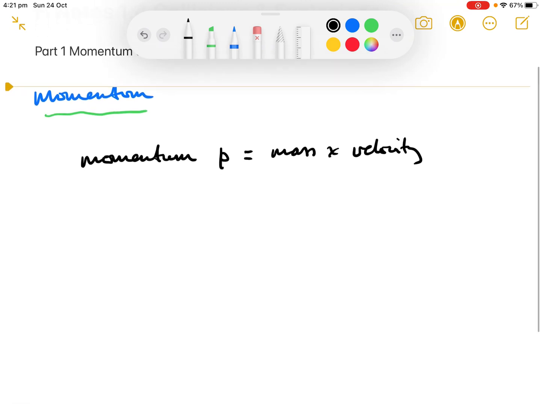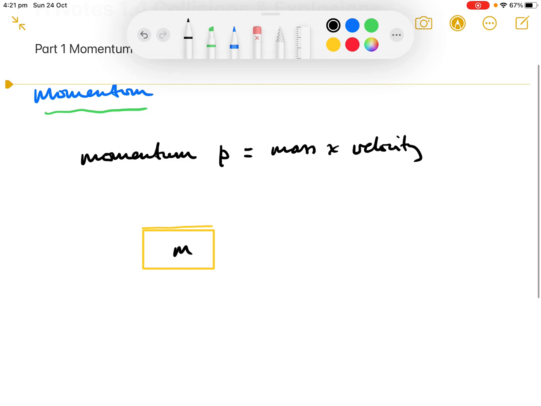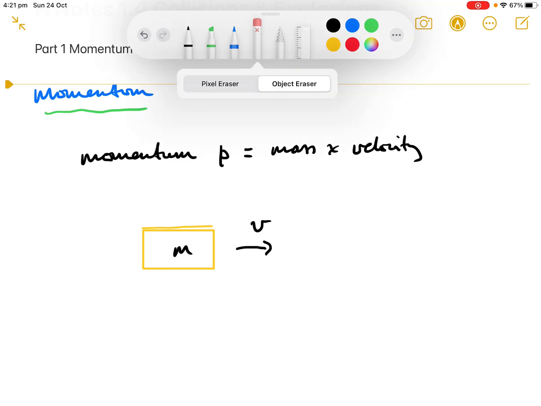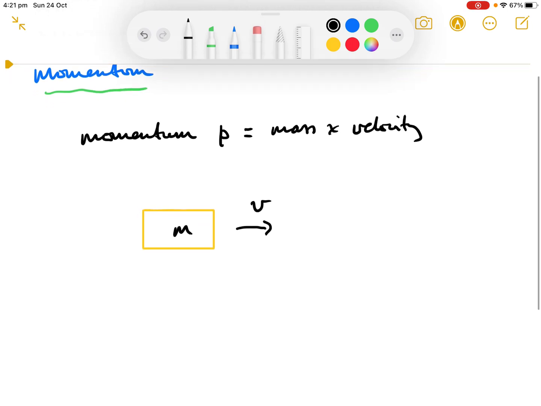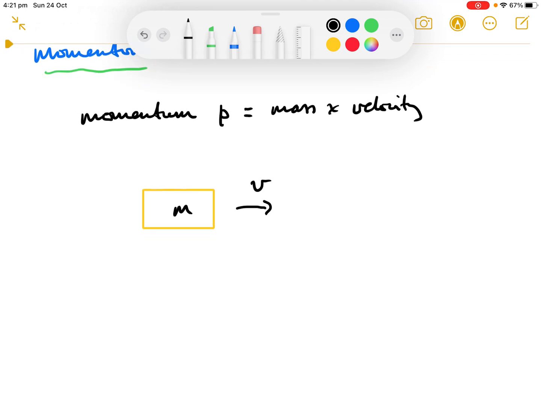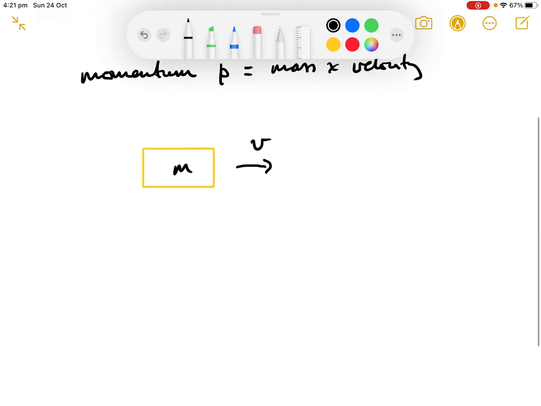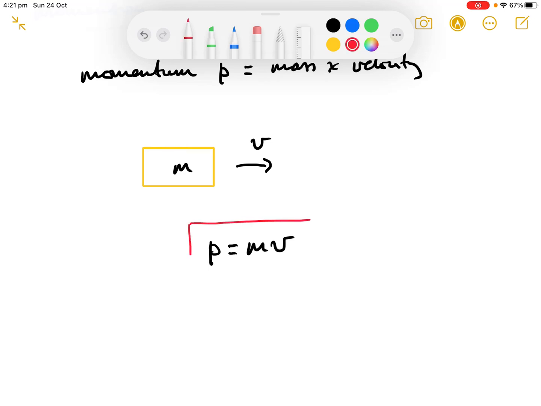So we're imagining some sort of body, mass m, moving along at velocity v. And the momentum of that body is defined simply as its mass times its velocity. We usually symbolize that as p equals mv. So there's the simple momentum equation.